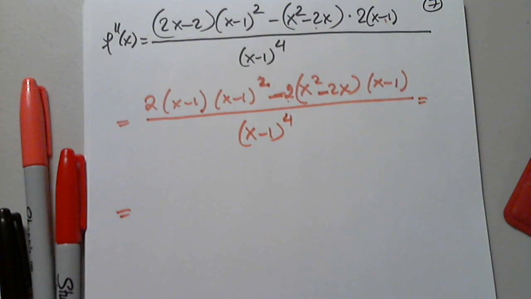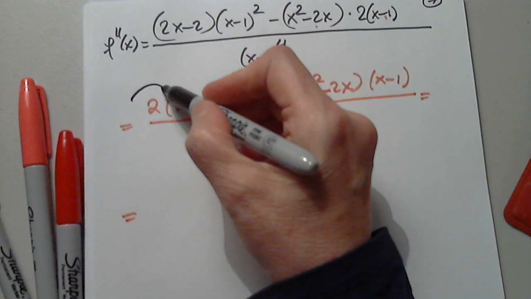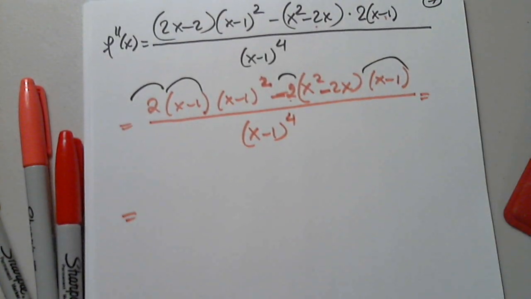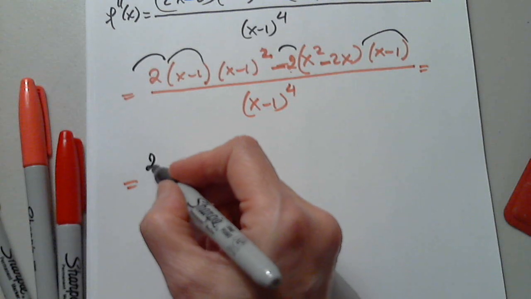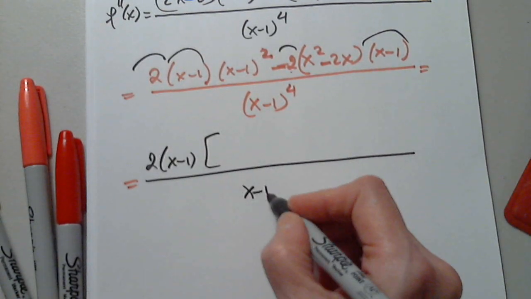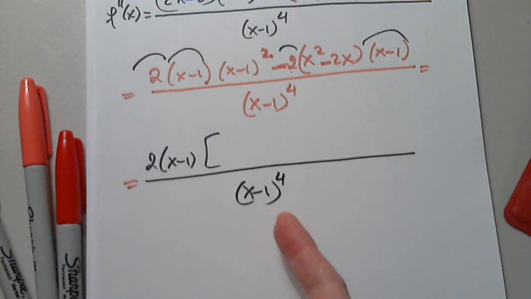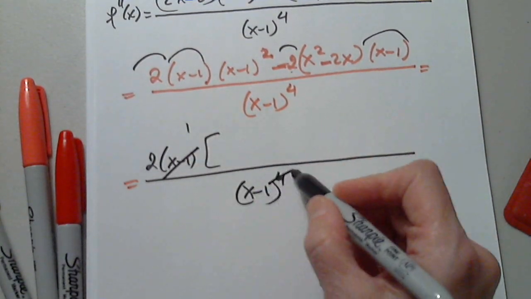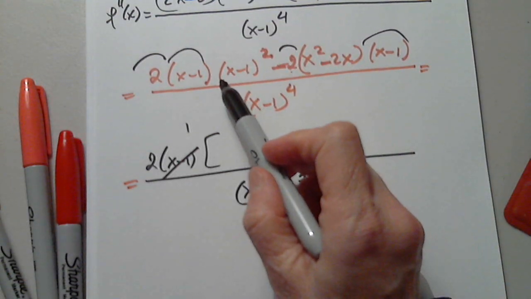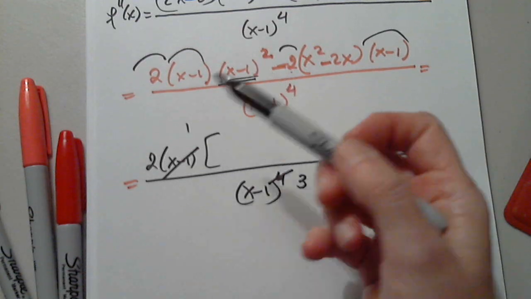Do not attempt to simplify anything, please, at this point. So I see that I can factor out a 2, and I can factor out an x minus 1. So I will do just that, 2 times x minus 1. After I factor out, now I can simplify it, not before. So this is left in, but I know how to square.